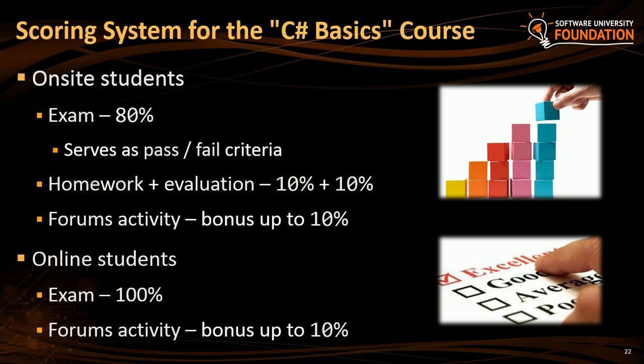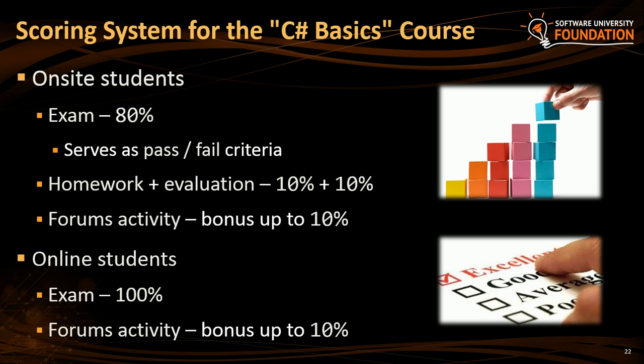But for you, the people in these training clubs who are on-site students, the exam will be 80% and homeworks and evaluation will be the rest, 20% of the score. And activities in the forums will give you an additional bonus of 10%. How does this work?